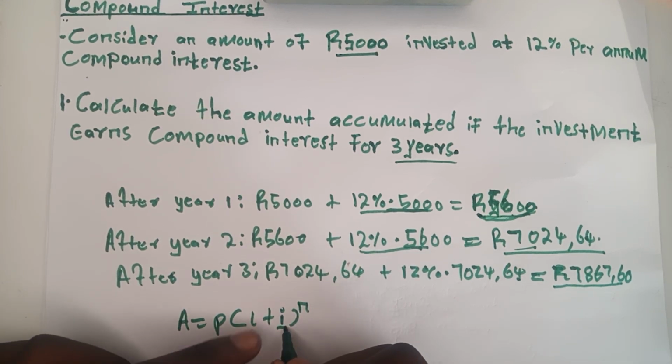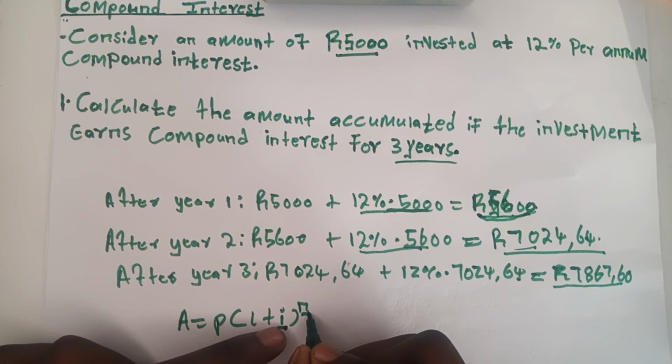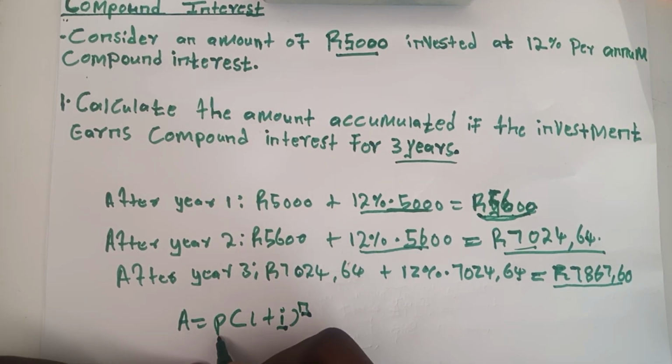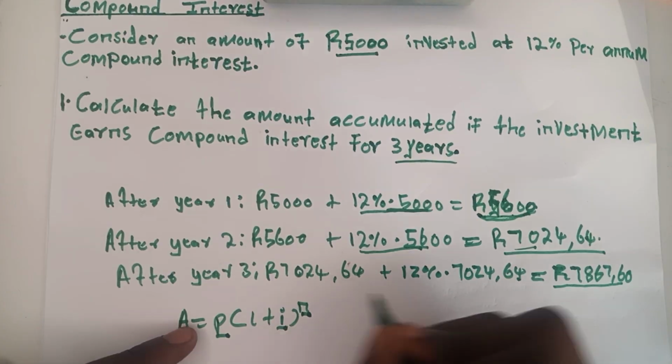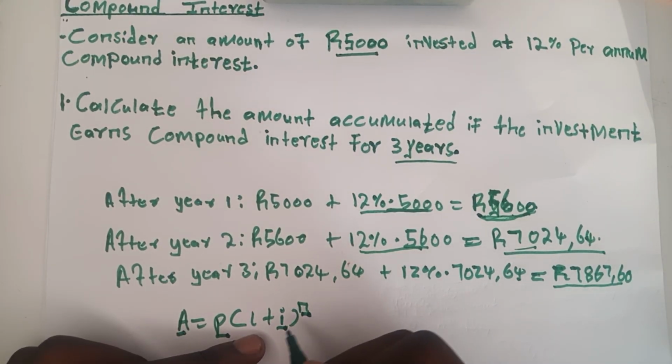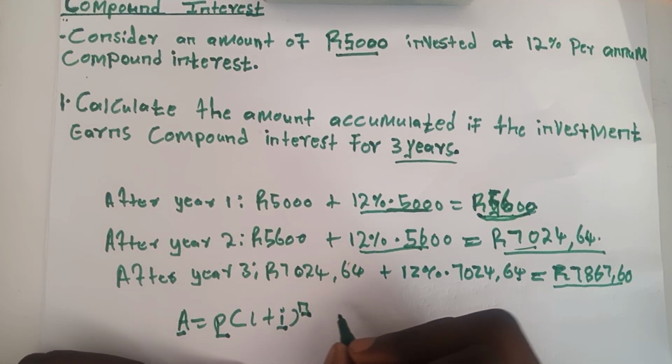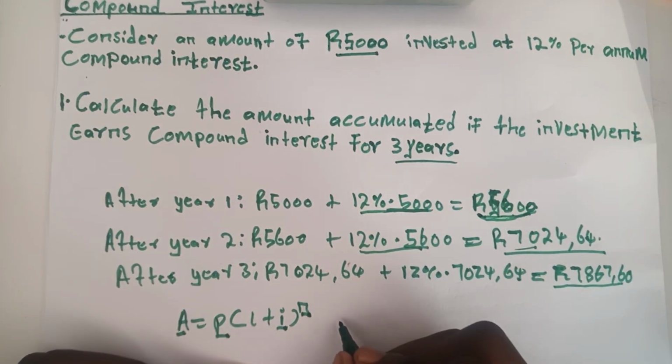So i is the interest rate, n is the number of years or the period, P is the principal amount, and A is the accumulated amount. So let us see how we could have got to this answer without ever relying on the manual method.